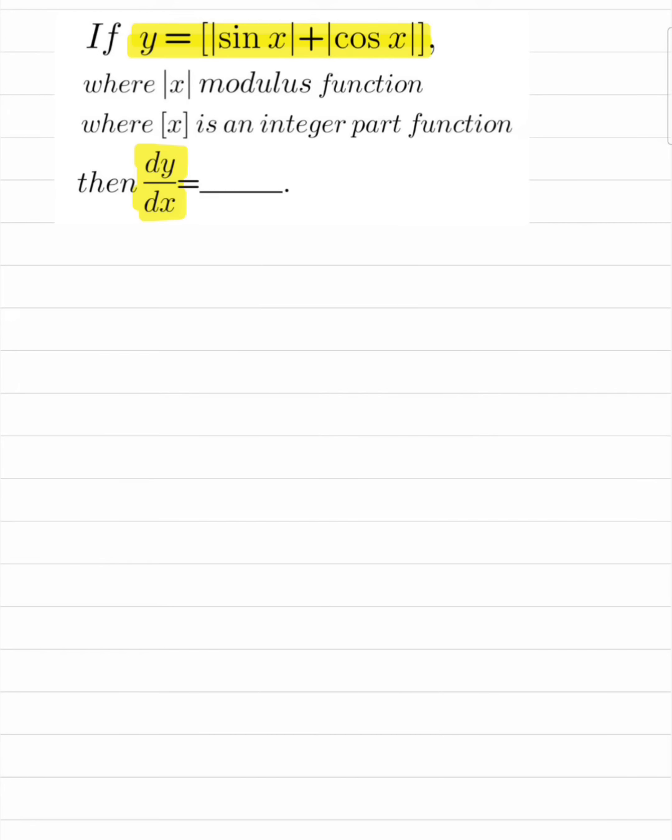So first of all, y equal to box of mod sin x plus mod cos x.